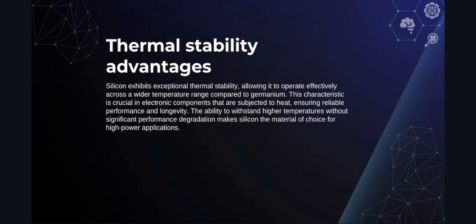This characteristic is crucial in electronic components that are subjected to heat, ensuring reliable performance and longevity. The ability to withstand higher temperature without significant performance degradation makes silicon the material of choice for high power application.